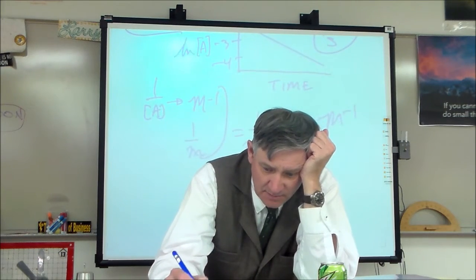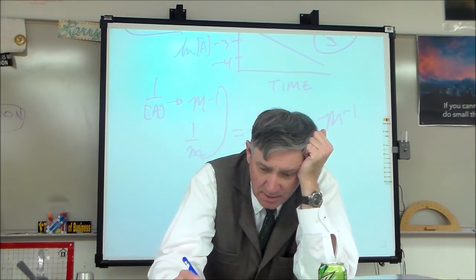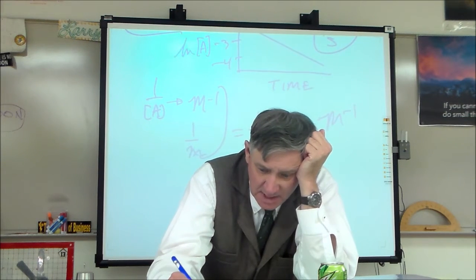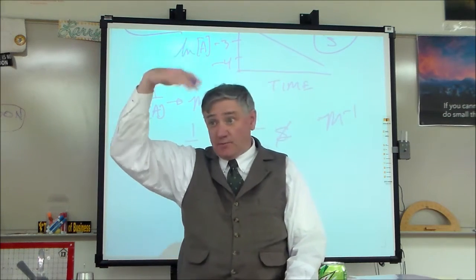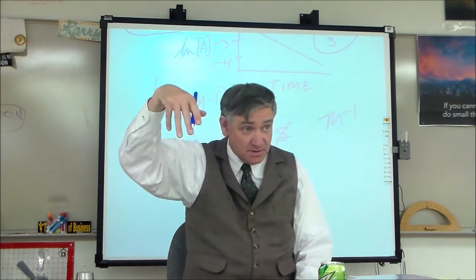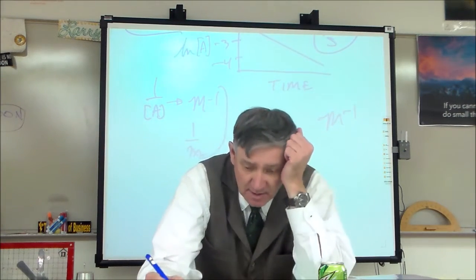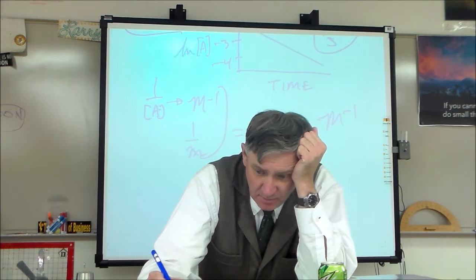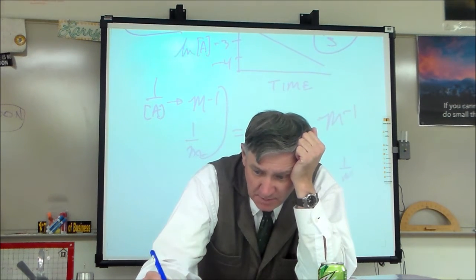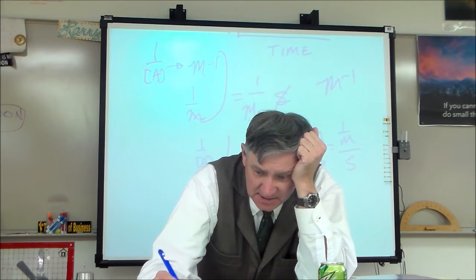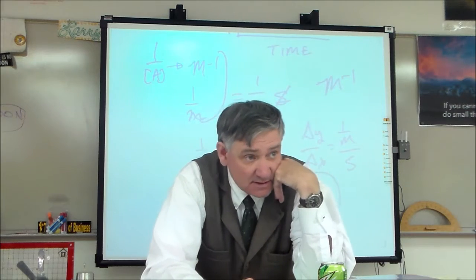On this graph, if you graph 1 over A versus time, this is the only one that's going to produce a positive slope. All the other ones are going to be negative slopes. The units of the slope are change in y over change in x, which is 1 over molarity divided by seconds, the same as 1 over molarity seconds.